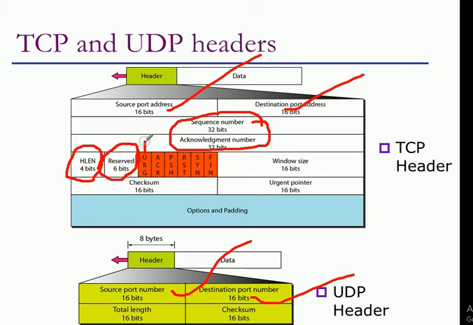This URG stands for urgent. This is for acknowledgement. This is for push. This is for reset. This is for synchronization, and this is for finishing. These six are flags, we'll talk about them. Window size, urgent pointer, and checksum. Checksum is also here as well, and total length. That's all.